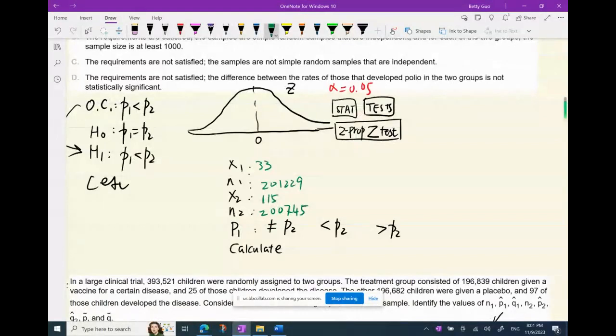Okay, so what test are we going to apply? It's left tail, right? Since it's left tail, we're going to select the one in the middle. Let me enter those values in my calculator.